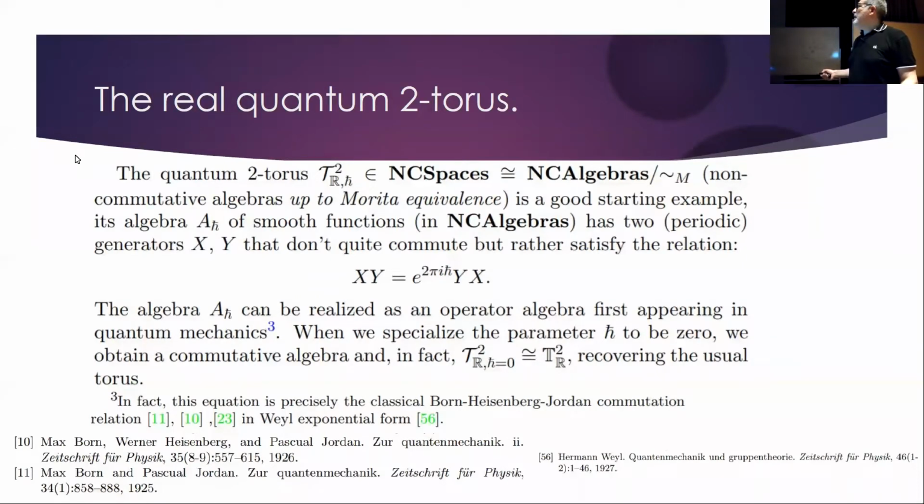The whole point is that it has two generators, and they satisfy a relation that makes the algebra generated by x and y non-commutative, rather than just xy equals yx. It's a non-commutative algebra, and this algebra can be realized as an operator algebra. This operator algebra actually appears in classical quantum mechanics, in the 1925, 1926 papers that gave the Nobel Prize to Born and Heisenberg.